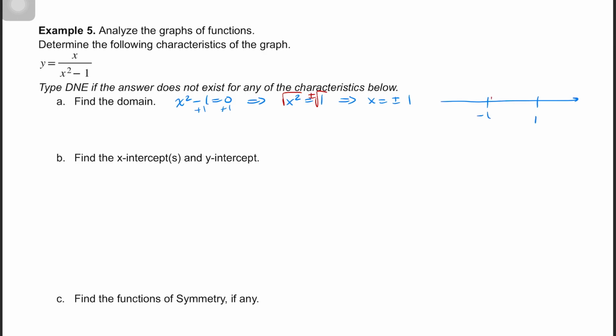If you create this little number line, it gives you a nice hint of what to write. So it'll be the interval from negative infinity to negative 1, jump from negative 1 to 1, jump from 1 to infinity. So it's going to be this part.